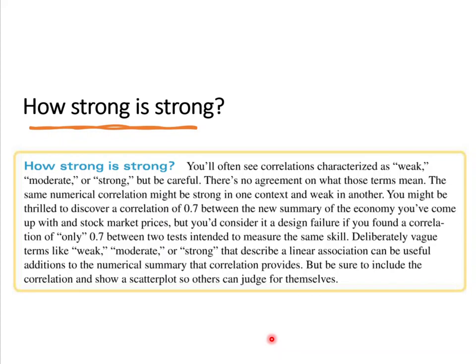So just be aware that for one particular study in one field, you might have an r value of 0.7, and that might be a strong correlation for the two variables you're looking at. But then if you turn around and looked at a study in a different field, your r value might be considered strong only if it's maybe at 0.9.